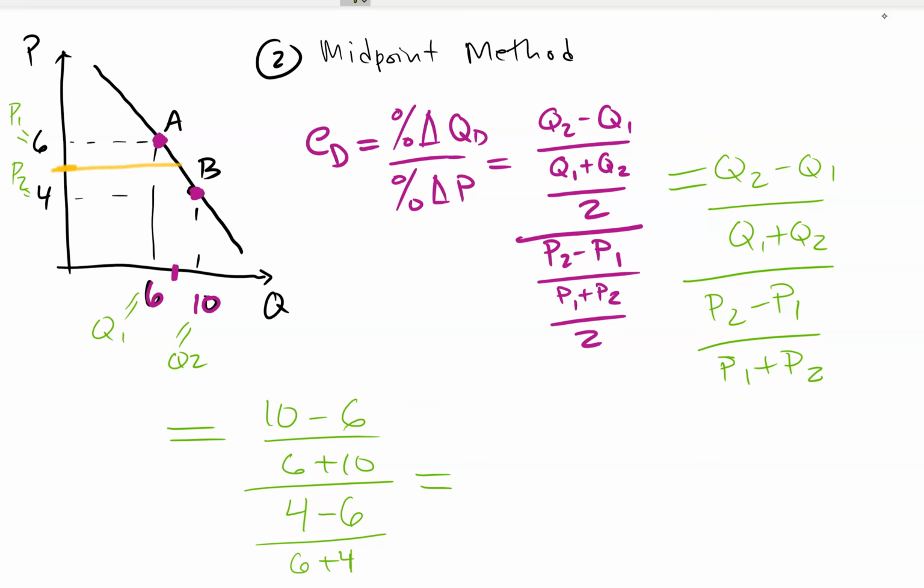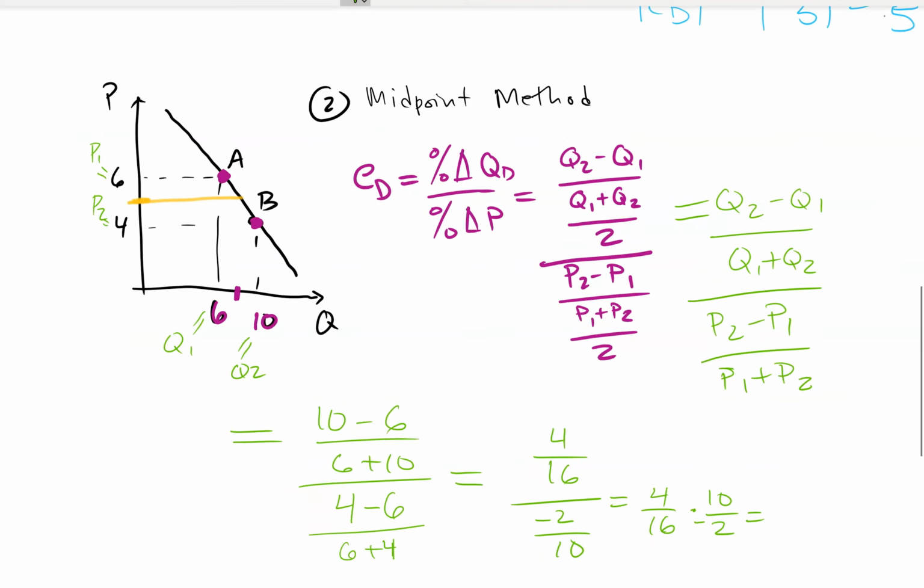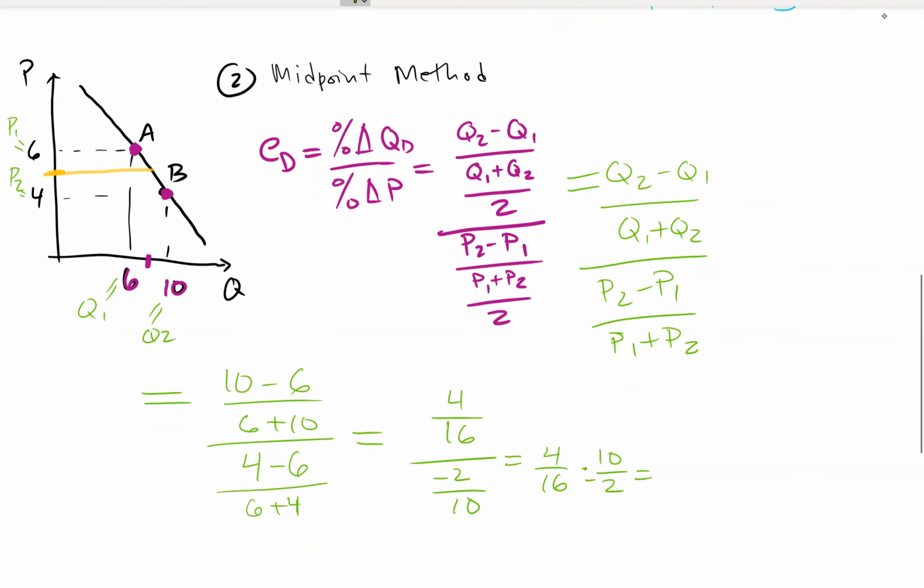Okay, so on top we get positive 4 over 16, and on the bottom, we have negative 2 over 10, and now we can go ahead and solve and finish. I'm going to wait till the end to reduce, but you don't have to do it this way. So we end up with negative 40 over 32, and then we can reduce that.